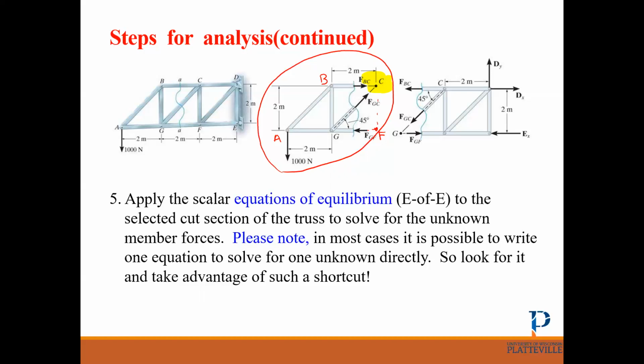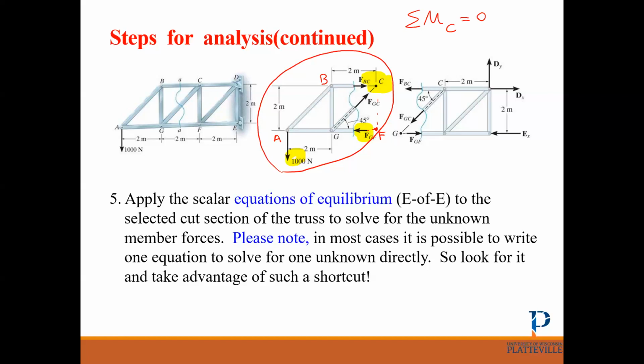Okay, so if I take the sum of moments about C equals 0, the only forces that make moment are these forces that I'm going to highlight. So it's the only force that makes moment. This is the key: if you learn how to take the moment about a specific point, it makes solving trusses very easy.